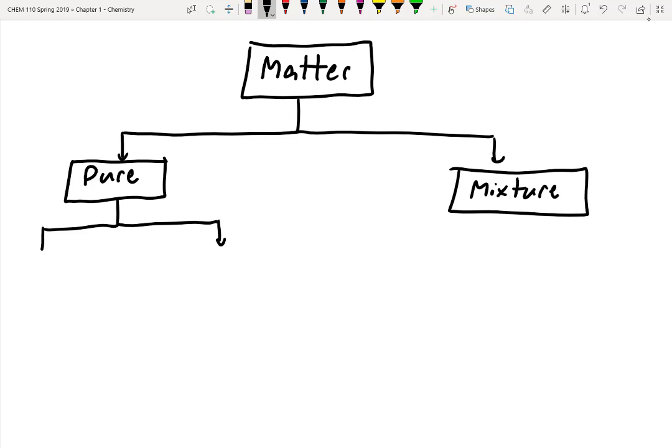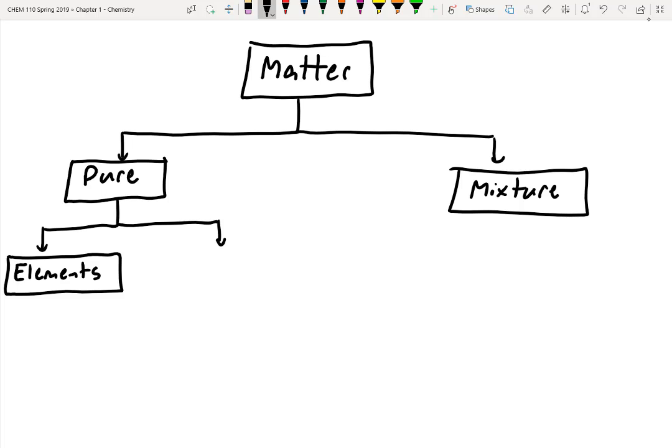And we'll divide this into two categories. The first category of pure matter is elements. Elements are pretty easy to spot. If you look on the wall here, we've got the periodic table of elements, right? If you look on there, does anybody know what H stands for in that top left-hand corner?